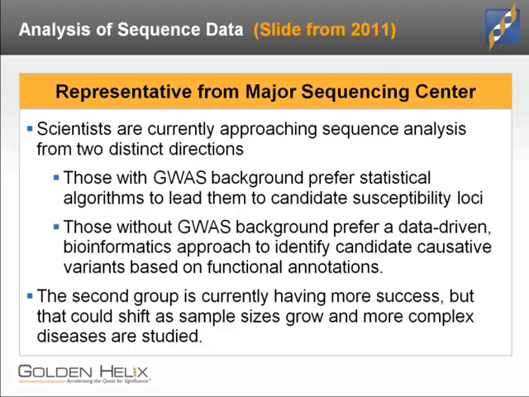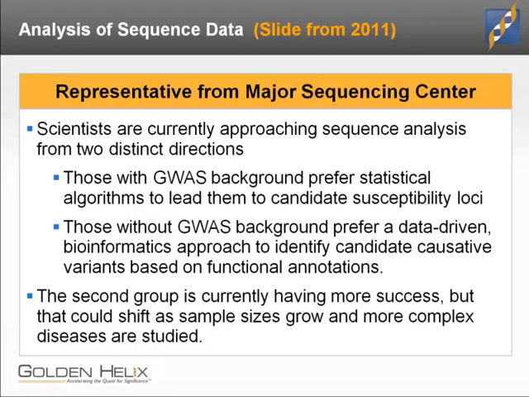That on one side of the aisle, he saw people who were coming into sequence analysis more from a GWAS background, primarily studying complex diseases, and they preferred to follow statistical algorithms to lead them to candidate susceptibility loci. While those who were coming from outside of GWAS, and he said it was really very distinct. You were one or the other. And from that background, they generally tended to prefer a data-driven, more bioinformatics approach, trying to directly identify causative variants.